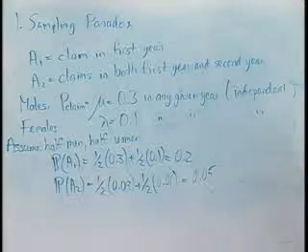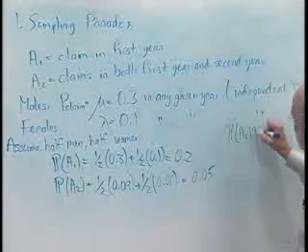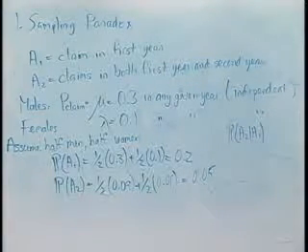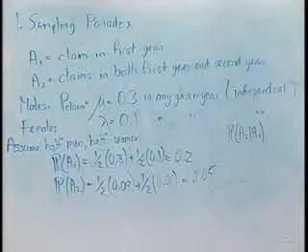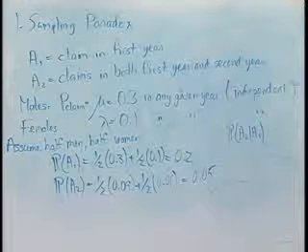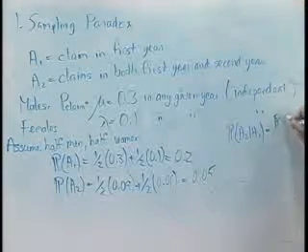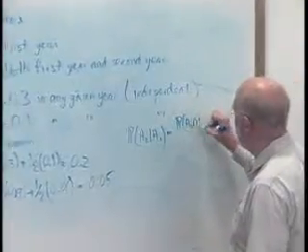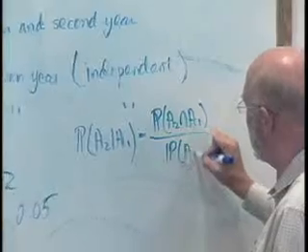Now I ask, what's the probability of event A2 conditioned on event A1? That is, if I know that someone submitted a claim last year, what's the probability that they'll submit a claim in the upcoming year? And of course, the answer to that is the probability of A2 intersect A1 divided by the probability of A1.